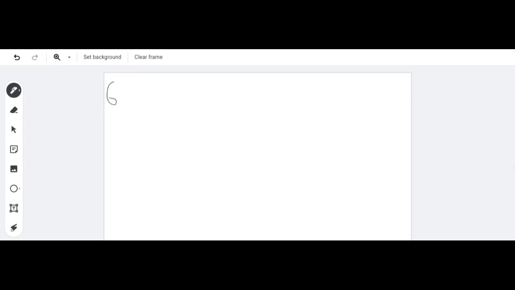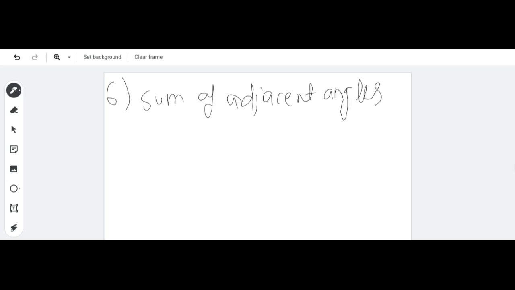So for this question, the sum of adjacent angles, what is the sum of adjacent angles? It is 180. Not the whole parallelogram, just adjacent angles.